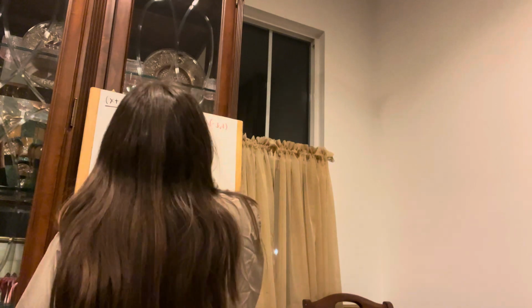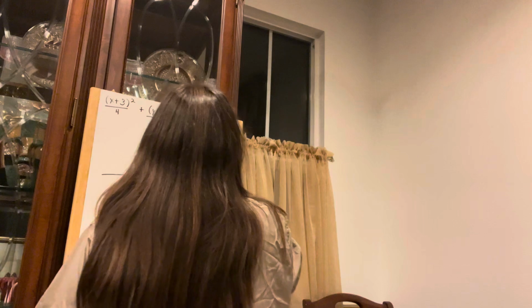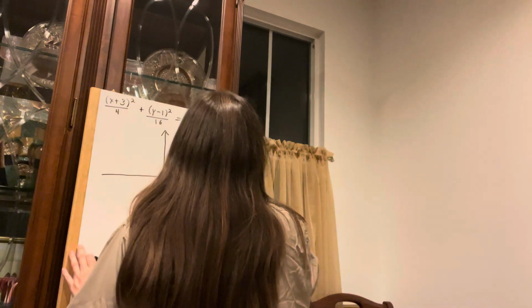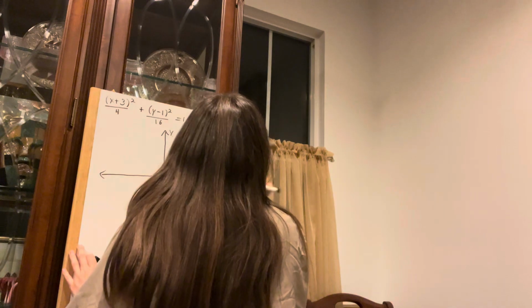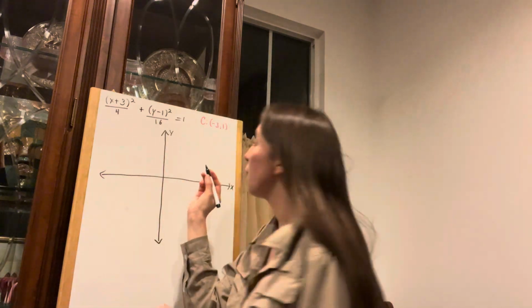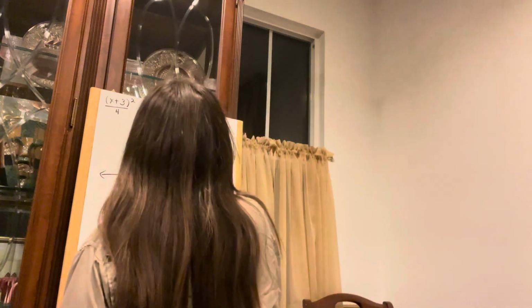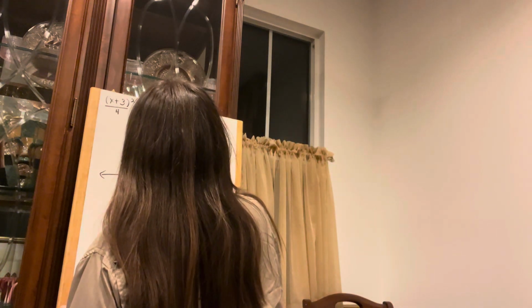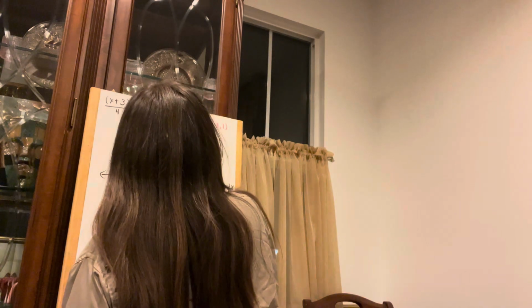I like to give myself a lot of room just in case. Let's label it Y and X. Okay, so I know my point is at negative 3 and 1. So let's do 1, 2, 3, negative 3, 1.